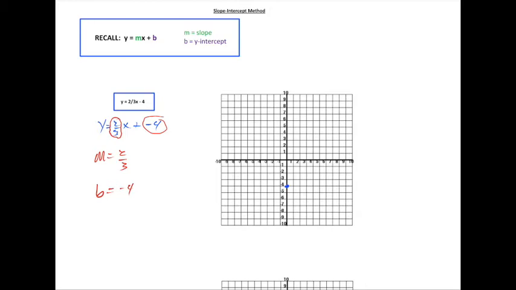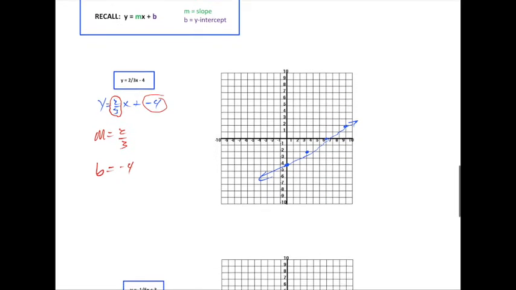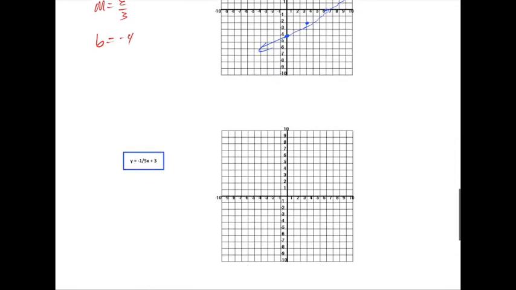So that's what we do. Up 2, over 1, 2, 3, put a dot. Up 2, over 3, put a dot, and so on. And then you can connect the dots. Fairly simple. Just get your two values. One's your slope and one's your y-intercept.